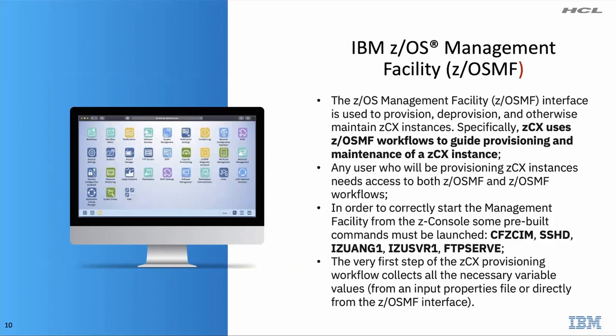This can be either provided in an input properties file or directly configured from the z/OS MF interface. Now we take a look at this input property file, and you will see that there is a bunch of parameters that have to do with the system. So this is something that needs a system programmer to be configured.